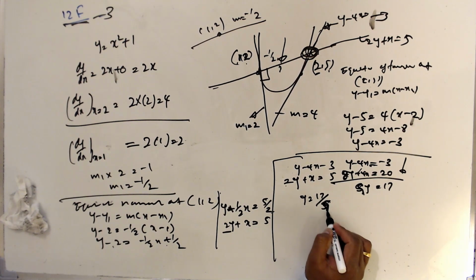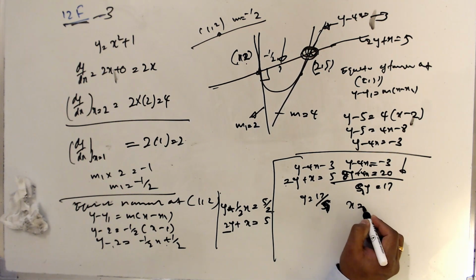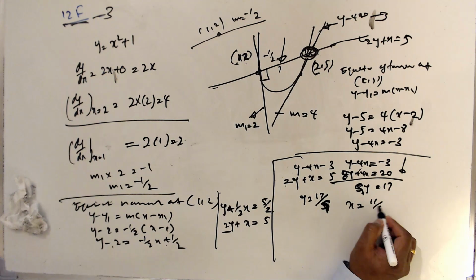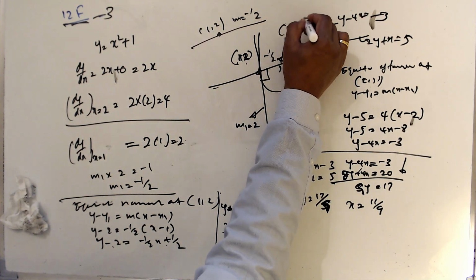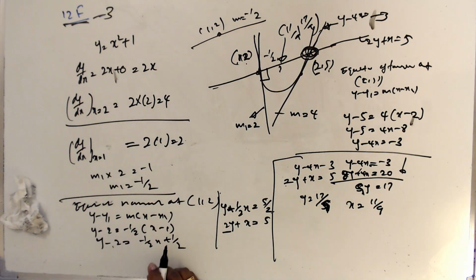This is 17 over 9. And then you can find x is 11 over 9. So this point is (11/9, 17/9).